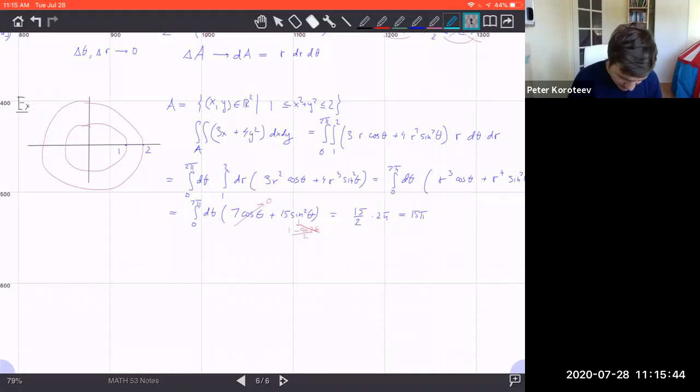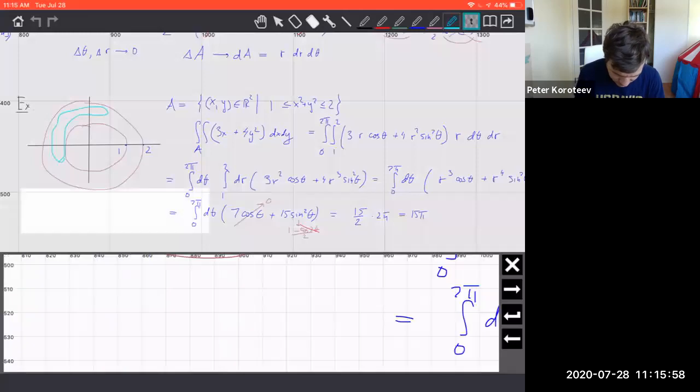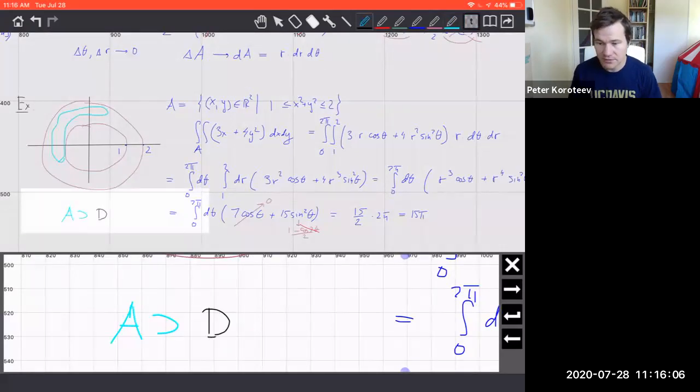You can imagine that there's some blob like that, which is a subset of some annular region. So you have some annulus that contains set D, and you want to learn how to integrate over that thing in polar coordinates.